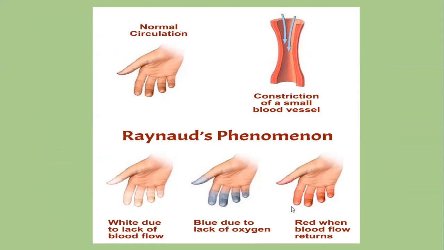That is the triphasic color changes: white due to lack of blood flow because of vasoconstriction, followed by blue discoloration because of lack of oxygenated blood to the peripheral tips. And once the vasoconstriction is relieved, there is hyperemia or erythema because of return of blood flow.